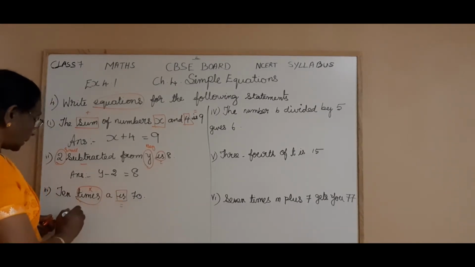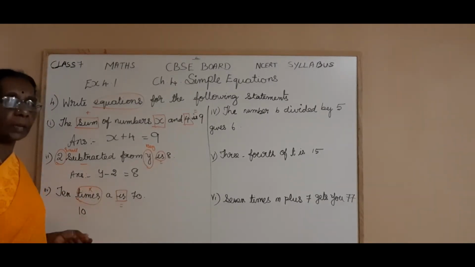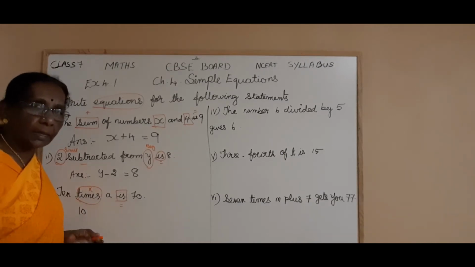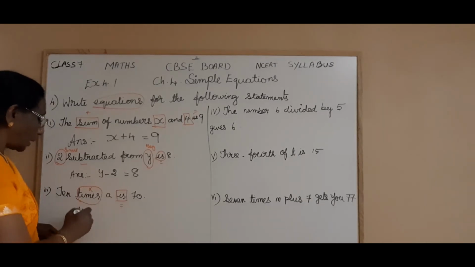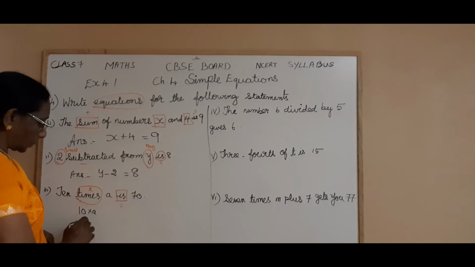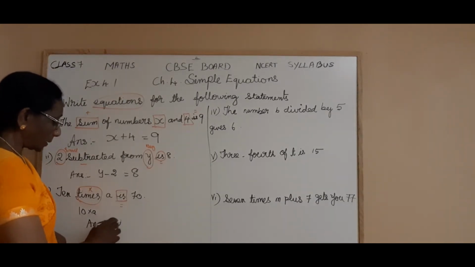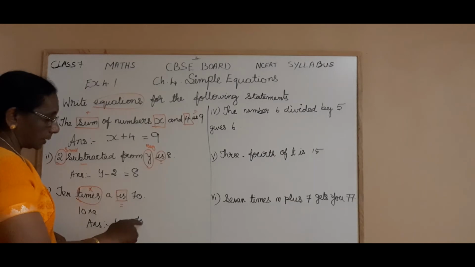So 4 times a is 4a, 3 times a is 3a. The same way 10 times a is 10a, or you can write 10 into a also. 10a is the left hand side and the right hand side is 70. 10 times a is 70.